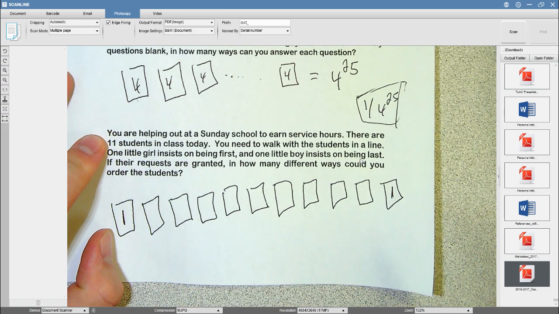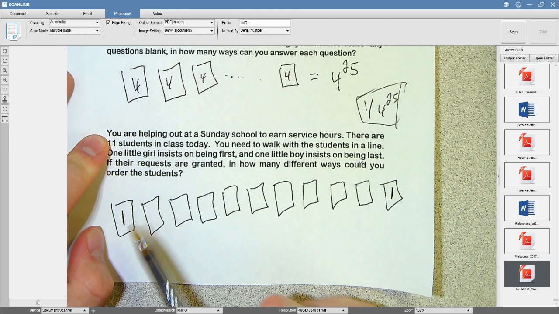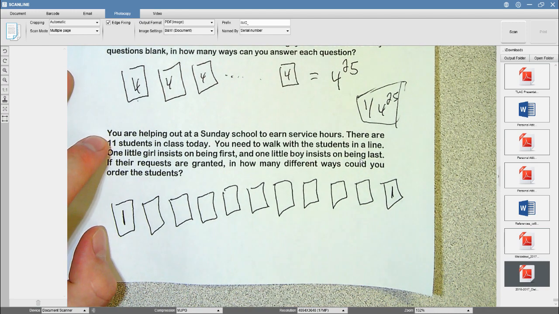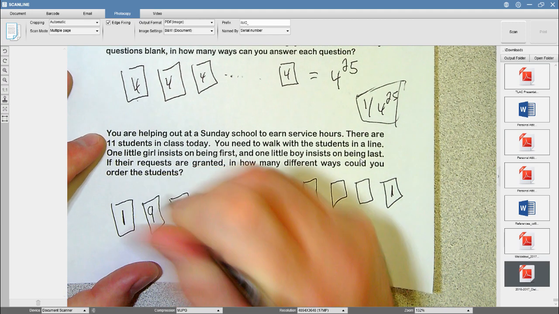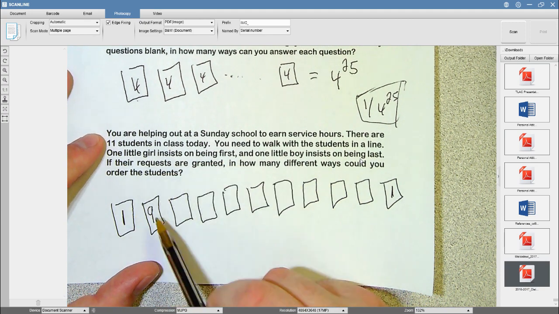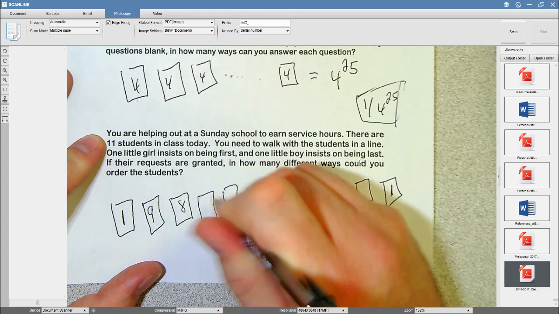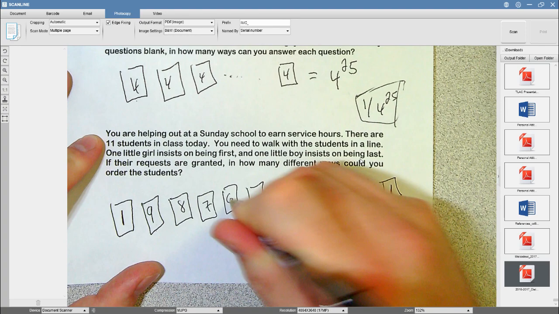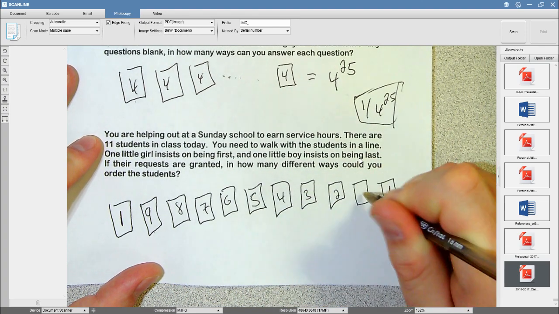One of them wants to be first. Now we only have 10 left. One of them wants to be last. Now we only have 9 left. We can pick one of the 9 remaining students to be in the second to last place. 8, 7, 6, 5, 4, 3, 2, 1.